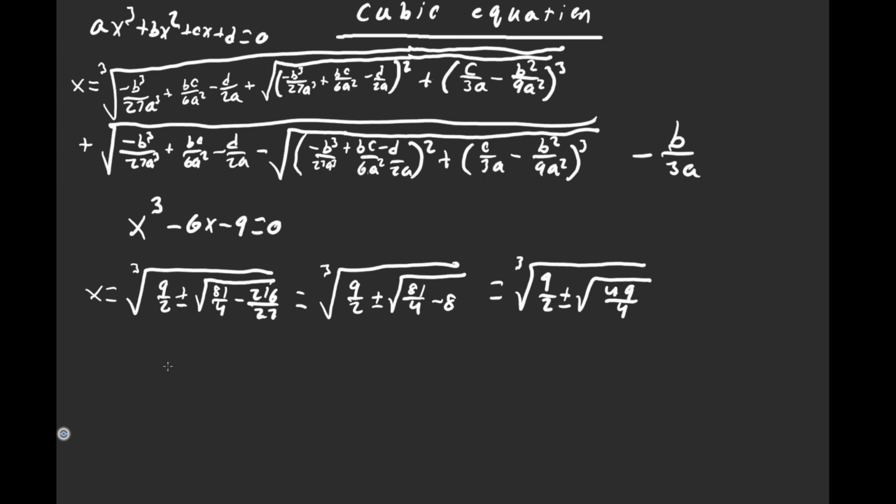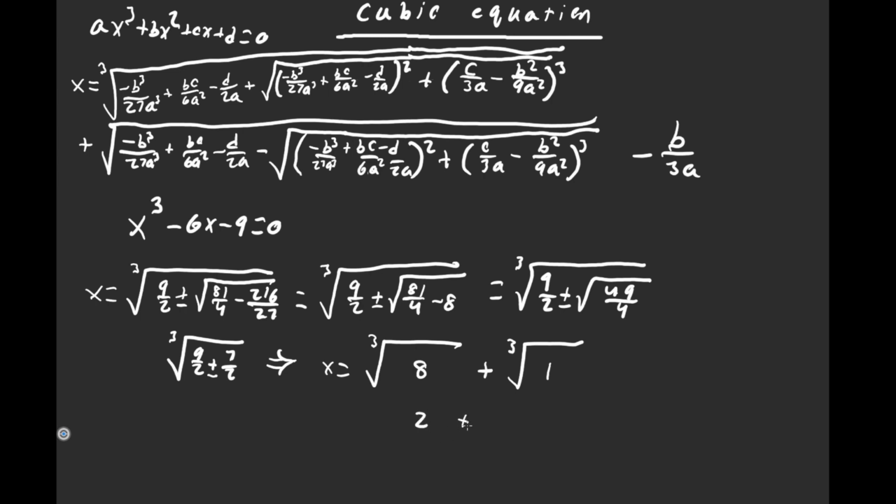We end up getting the cube root of 9 over 2 plus 7 over 2, which gives x equal to the cube root of 9 plus 7, which is 16, divided by 2, which is 8, plus the cube root with the minus sign now, which is 9 minus 7, which is 2, divided by 2, which is 1. The cube root of 8 is 2, and the cube root of 1 is 1, and we get 3, which is a solution to our cubic.